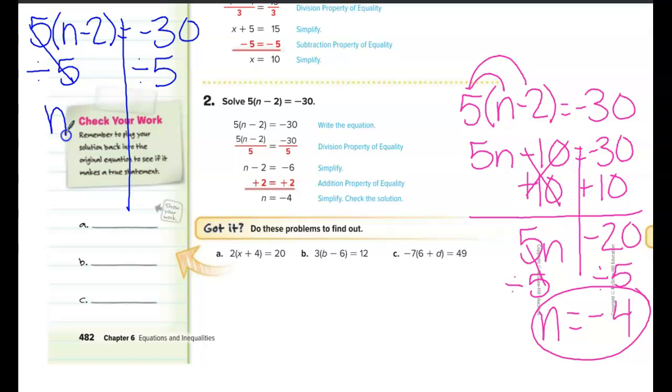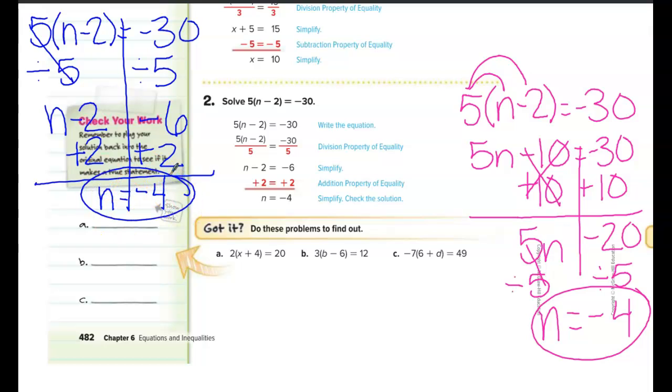I get n minus 2 equals a negative divided by a positive is a negative, and 30 divided by 5 is 6. So now I have n minus 2. In order to get rid of the minus 2, I would add 2. I have 6 negatives, 2 positives. I have more negatives, and then I have 4 more. So n equals negative 4, which is again what I got the first time.